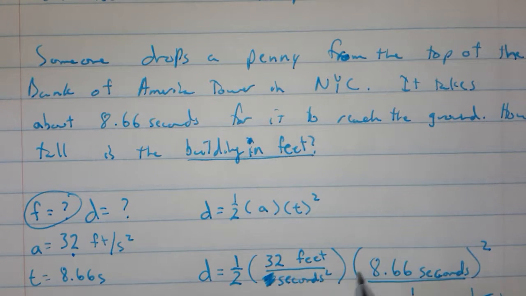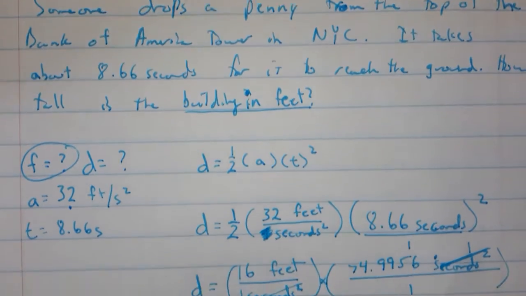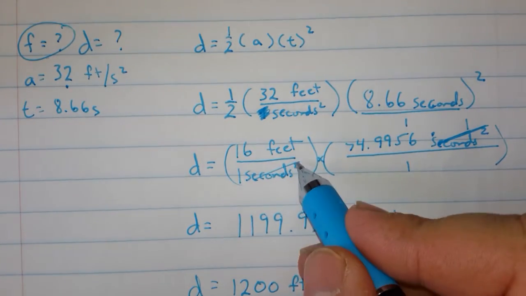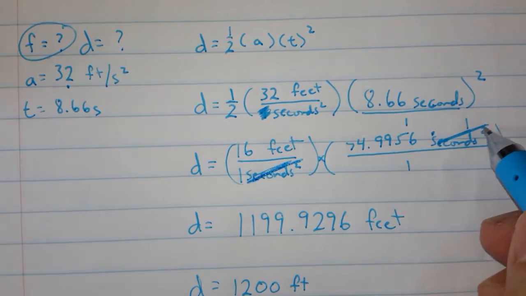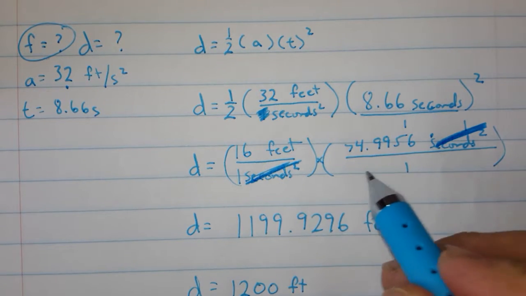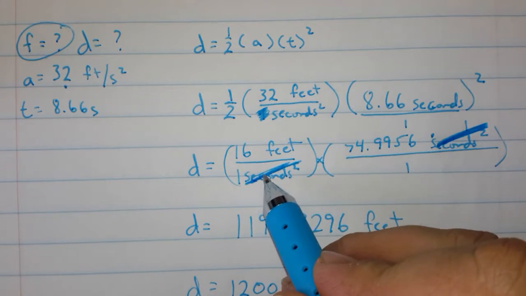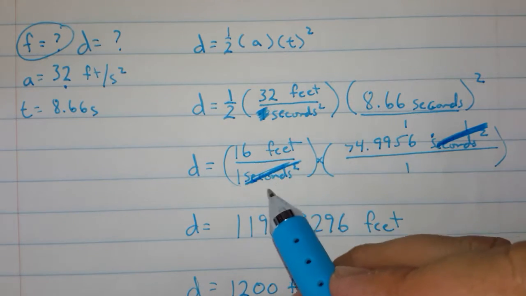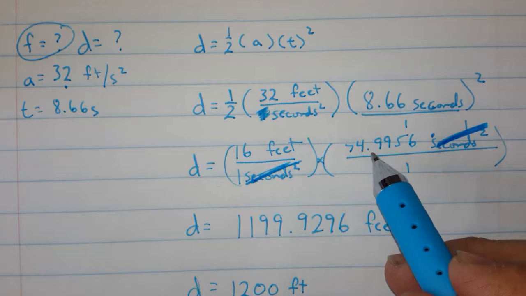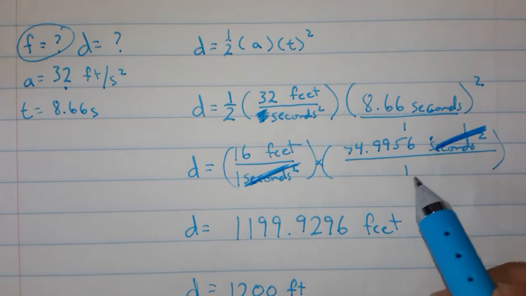Then we start plugging things in, and the seconds are going to cancel out. We got seconds squared and seconds squared, just like we did down here. So the seconds squared cancel each other out. They're kind of like multiplying or dividing by 1. So this is like 16 feet divided by 1, which we wouldn't even need to write. And this is like 74.9956 multiplied by 1.